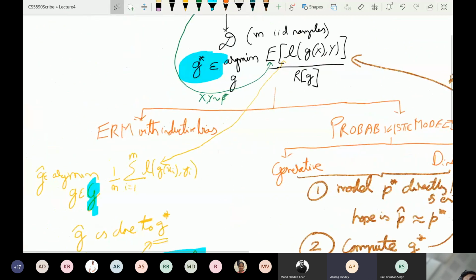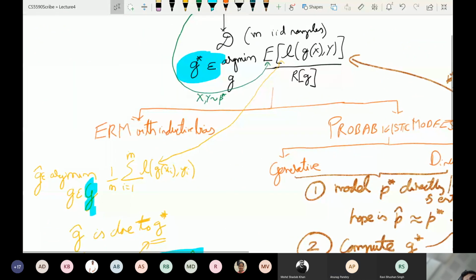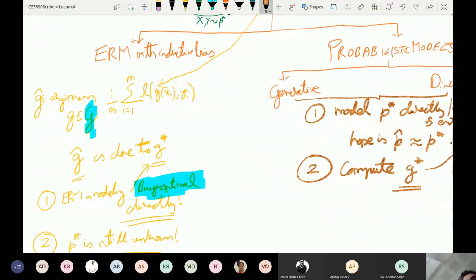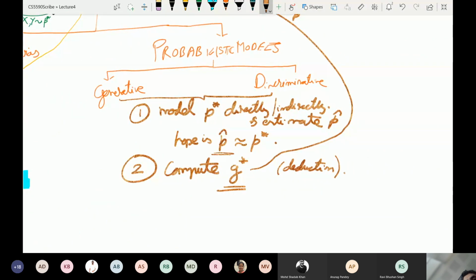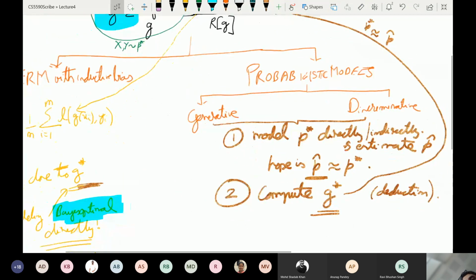So in ERM, basically the relationship is deterministic because we are looking for functions, whereas in this case the relationship is stochastic. That's one way of thinking about it. That's why the name probabilistic models versus non-probabilistic models.